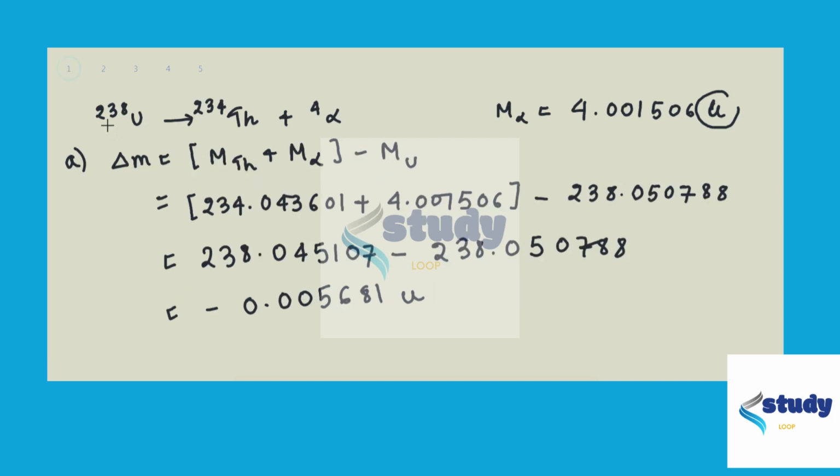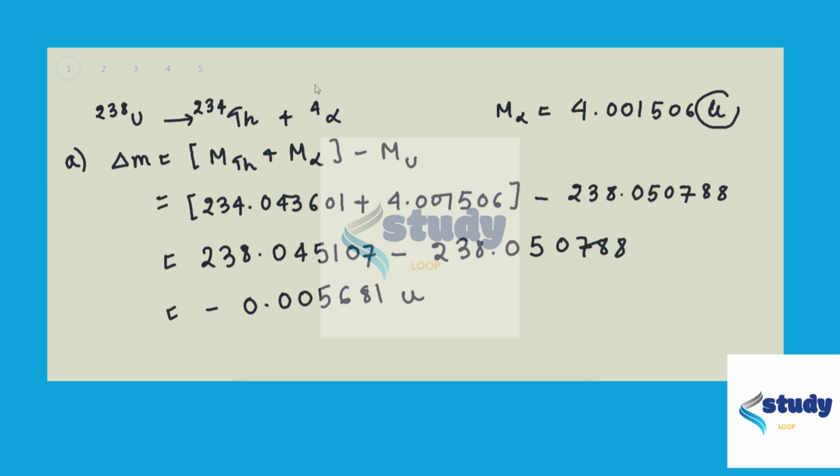What happened finally is that your uranium 235 decayed into thorium and an alpha particle, and basically a little bit of mass out of uranium decays, and that gives rise to the energy. And how do you find it? Find how much energy decayed.